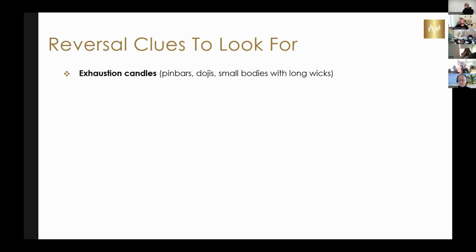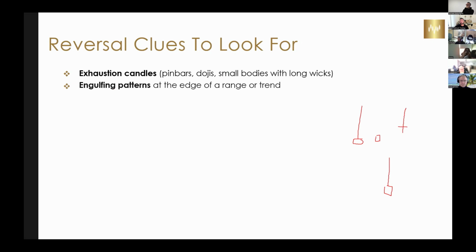Pin bars, dojis, small body candles, anything with long wicks. Engulfing patterns at the edge of a range or trend. Do we see an engulfing bar at the highest point? Do we see an engulfing bar at the lowest point?